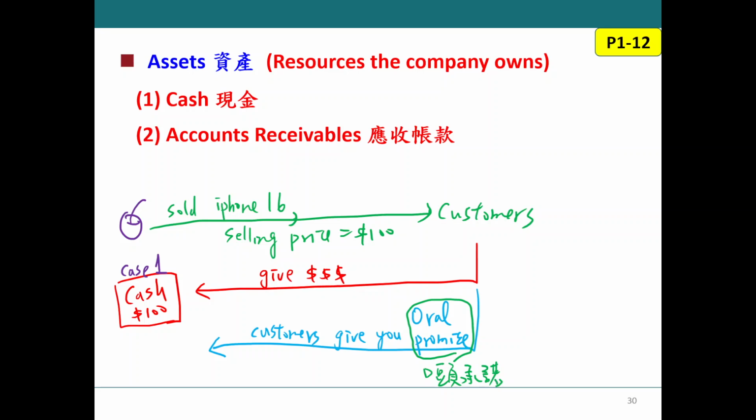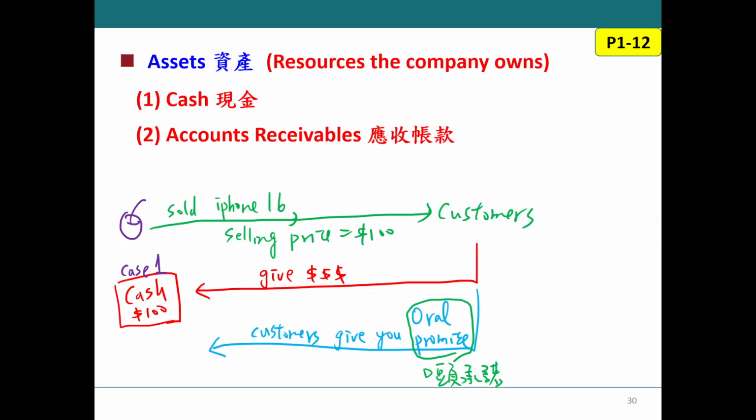Customer promises you. They told you, I will give you money after 2 months. Don't you trust me? I'm your customer. So you have to accept that. Why? In order to sell the product and do the business with customers, you have to accept their oral promise. Otherwise, customer will go to another company.